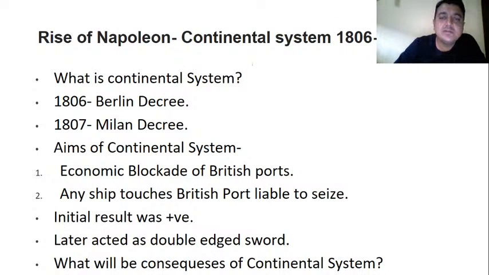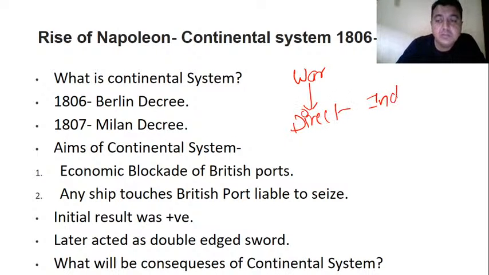Before the continental system, I want to tell you one more thing. If you want to defeat any country, you have two options. First is war, known as the direct option. But there are indirect options as well. What is your purpose? To defeat that country so that it listens to you and follows policy according to you. So one way is to use force and wage a war.